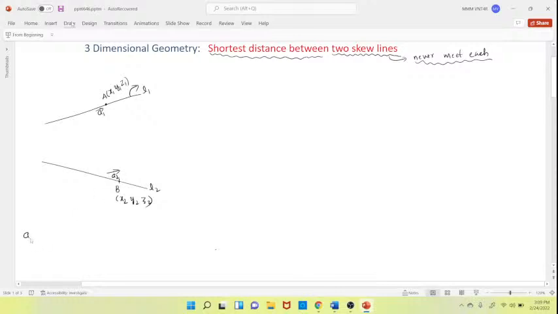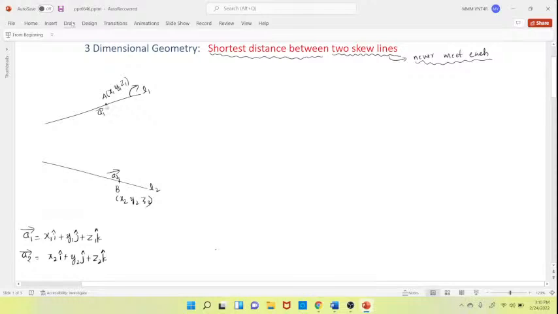Clear? So my A1 vector is given by x1 i cap plus y1 j cap plus z1 k cap, and my A2 vector is given by x2 i cap plus y2 j cap plus z2 k cap.